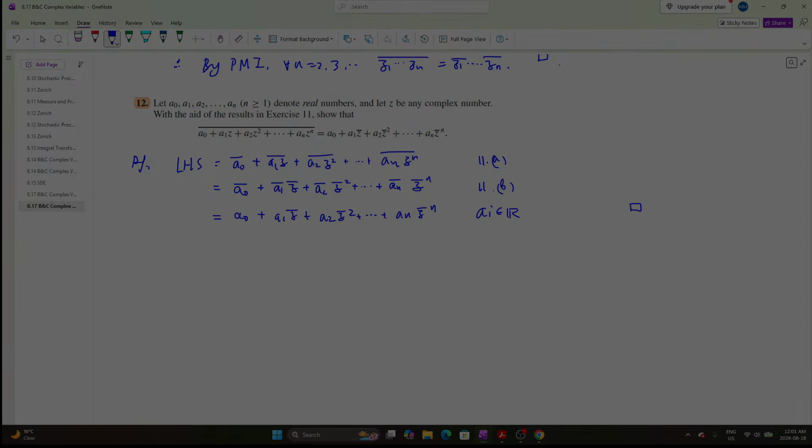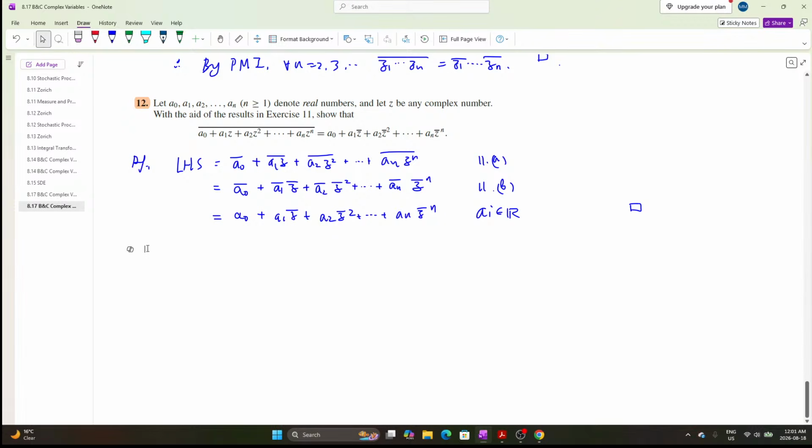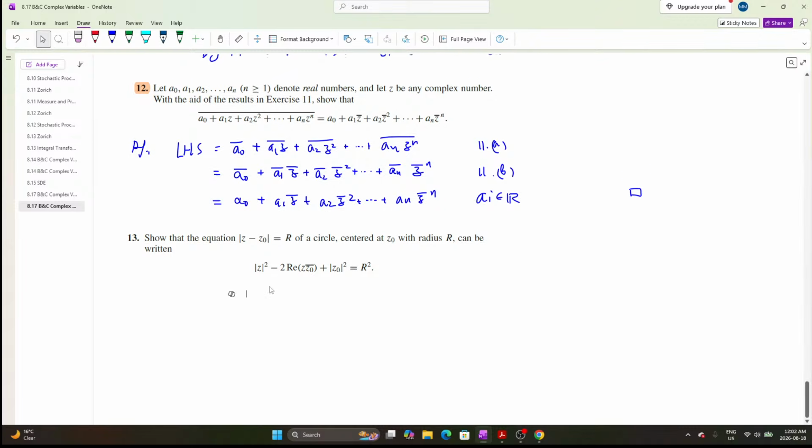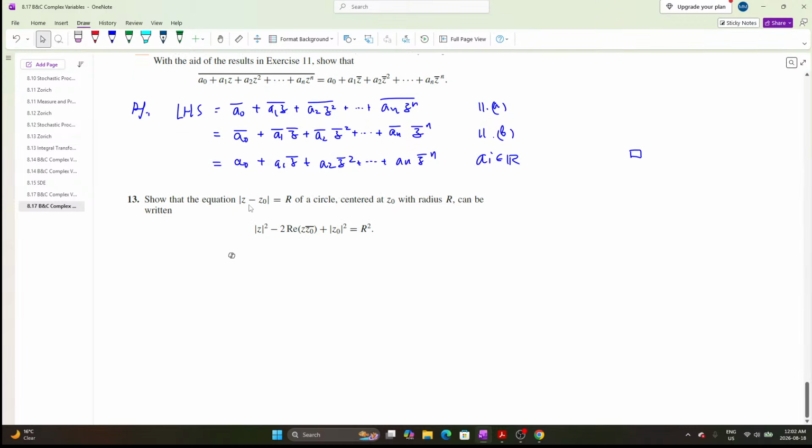Next up, exercise 13. Exercise 13 shows that the equation modulus of z minus z naught equals r is the equation of a circle, basically, and can be rewritten this way. Well, it seems like we just need to expand by squaring both sides.